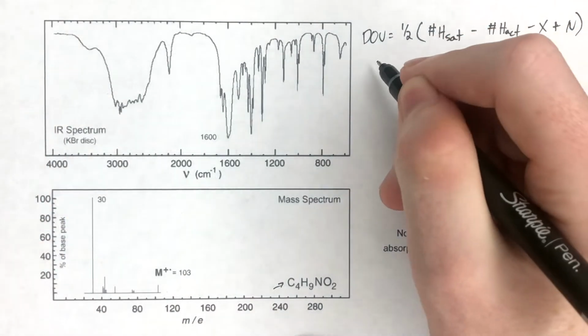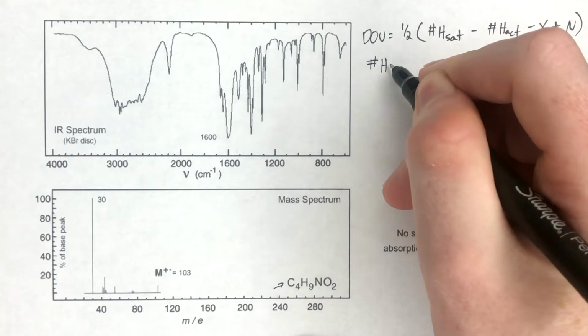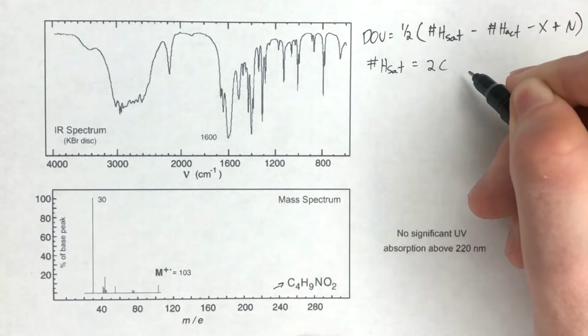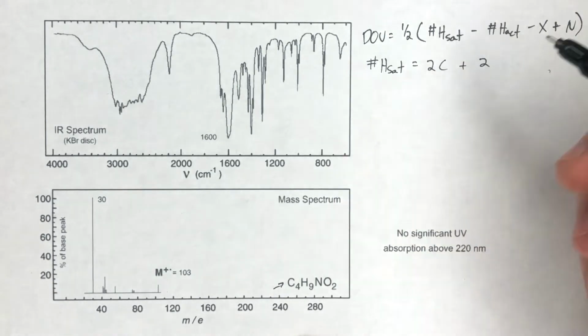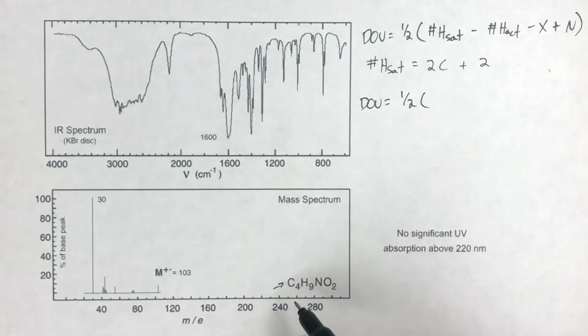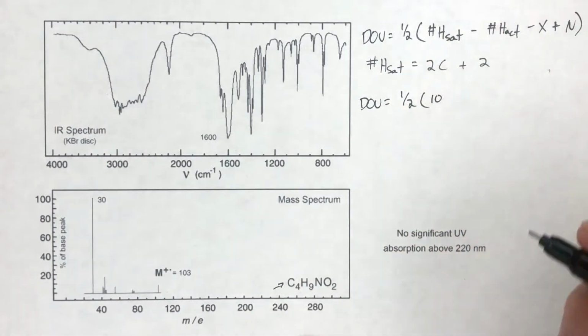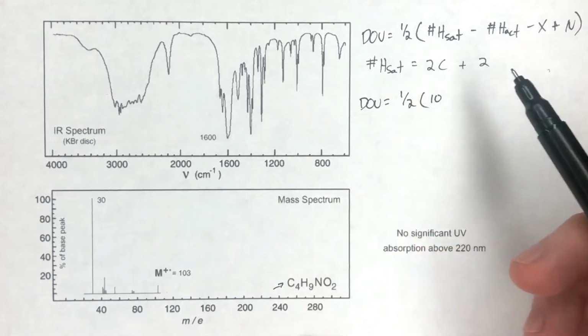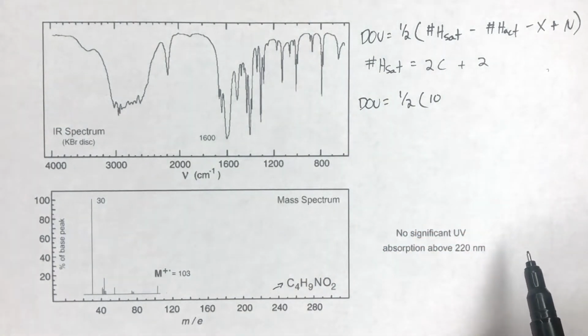Okay, so now determining the number of hydrogens if saturated is 2 times the number of carbons plus 2. So for our case, that's 2 times 4 plus 2, that's 10. That's the number of hydrogens saturated, plugging in 4 for the number of carbons.